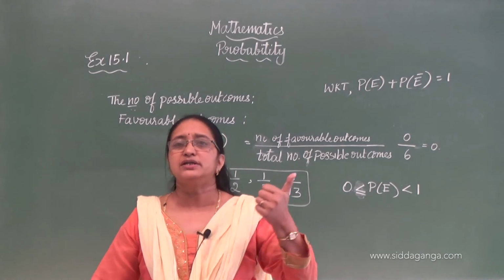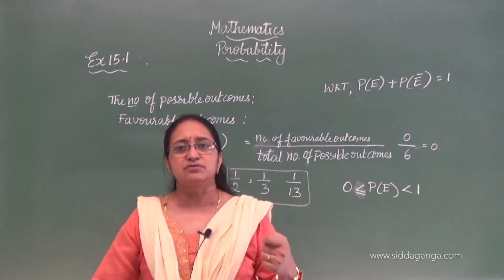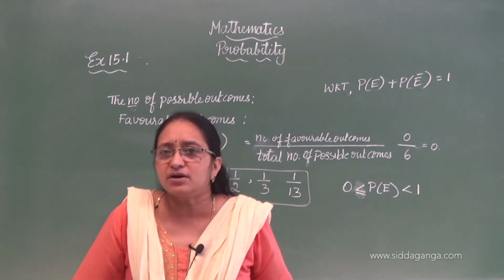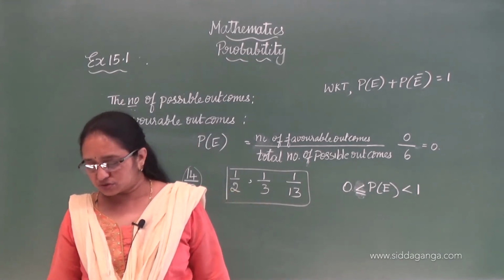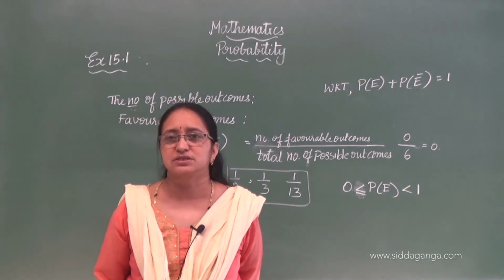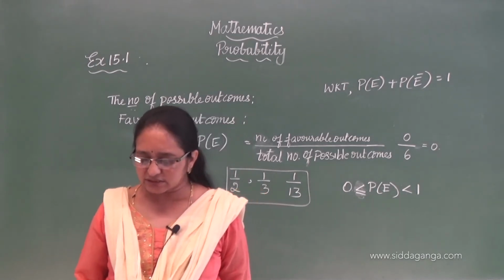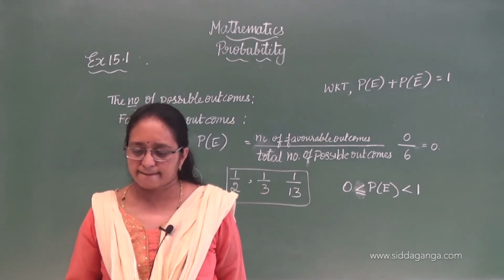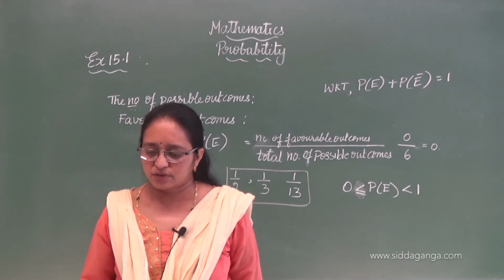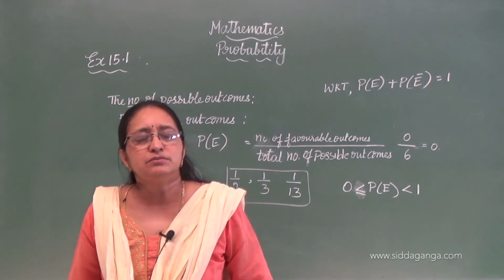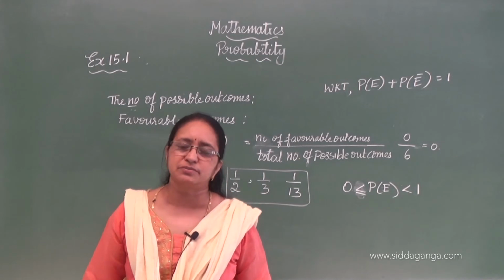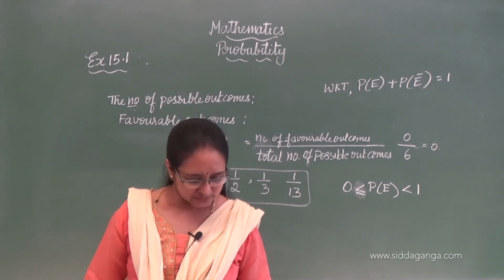When the coin is tossed, either you will get head or tail. You cannot predict, it is unpredictable. So, because of that it is a fair means.